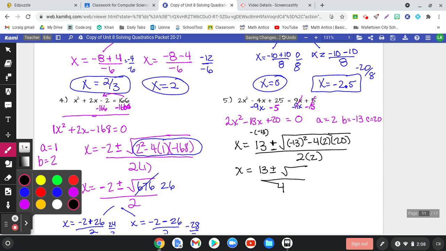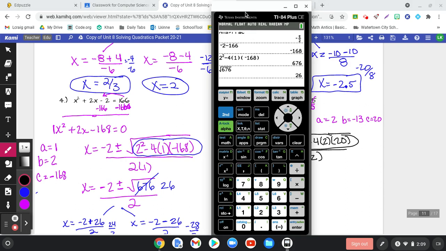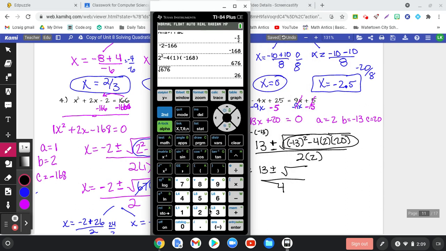And we'll go to the calculator to see what this number would be. All right. So negative 13, close parentheses, squared, minus 4 times 2 times 20, 9.